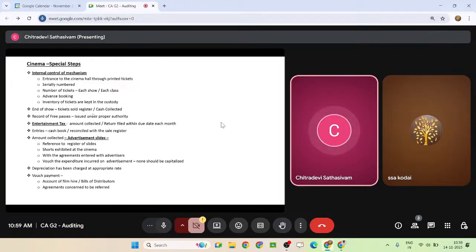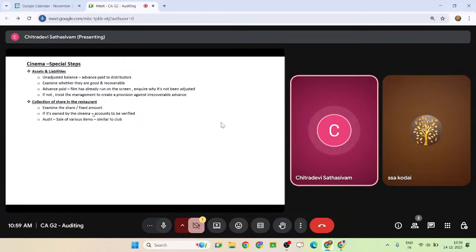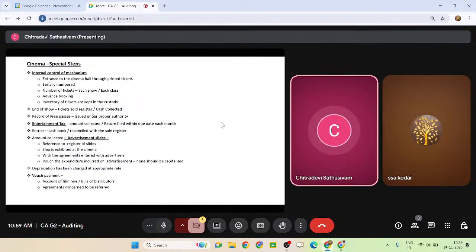Now we are moving to the cinema theatre. Again, this is quite interesting, and you will come to know how. In reality, I also didn't have the chance to do the audit, but my friend, my batchmate, had the privilege to do the audit in Chennai, at one of the important theatres.